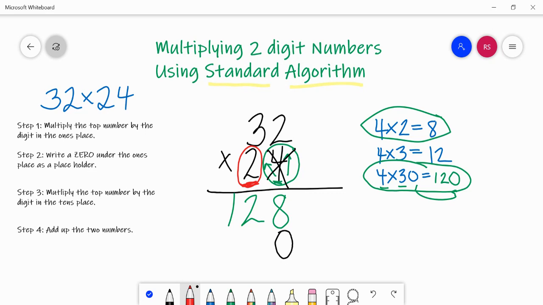But remember, thinking about place value, that 2 is not just 2, right? Look at what place it's in. It's in the tens place, so it's really worth 20. So really what we're going to be multiplying is 20 times 2 and then 20 times 30, okay? It's just good to always have that in the back of our minds.